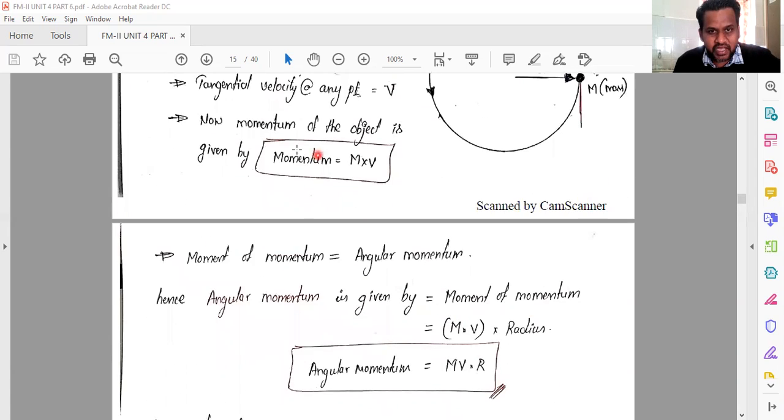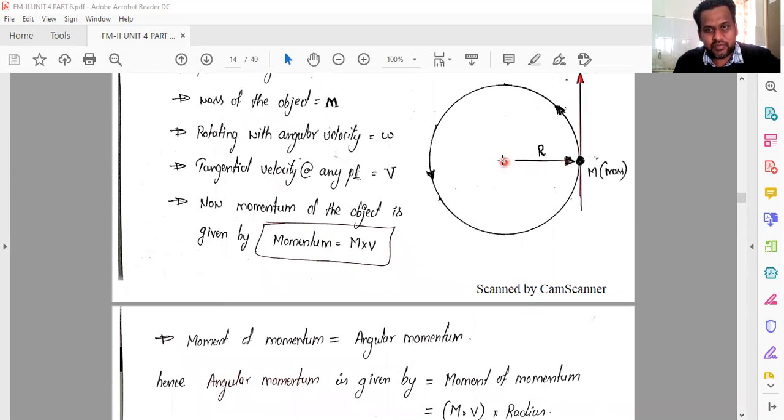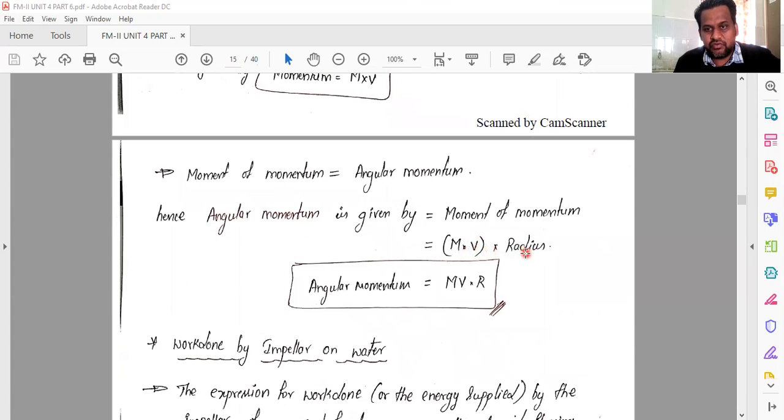So इधर momentum क्या है, m into v, and into the perpendicular distance with respect to the center, that is the radius r. So angular momentum is equal to m into v into r.